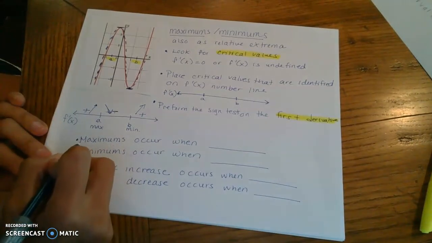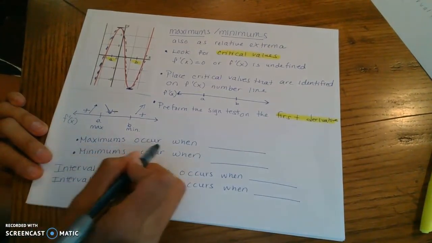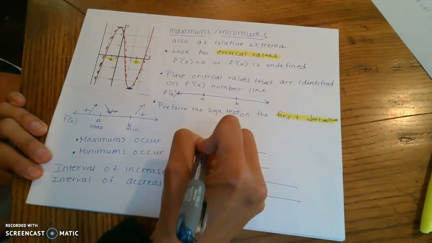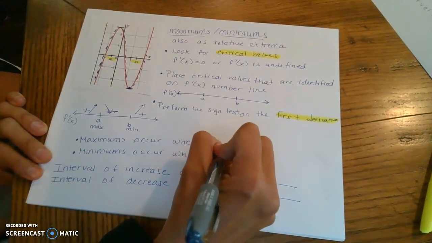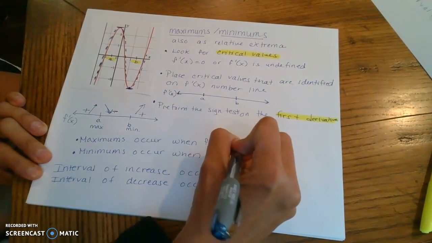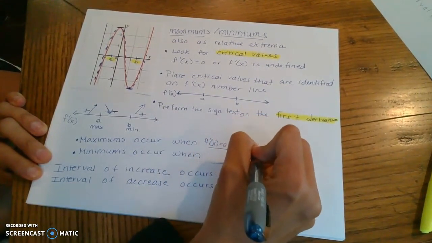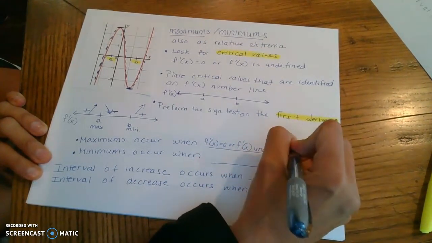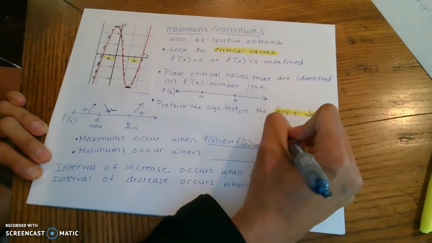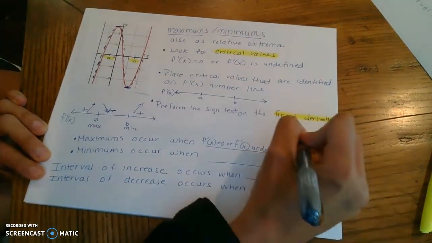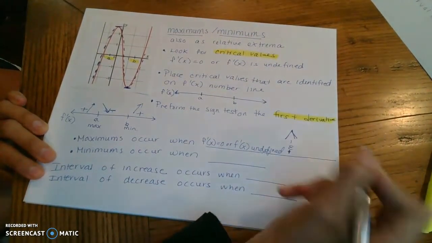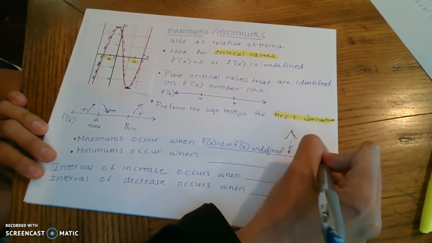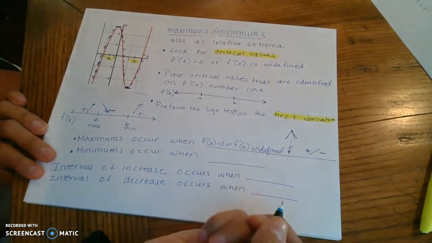So in your notes where it says a maximum occurs when, a maximum occurs when you have your first derivative equal to 0, or first derivative undefined, and I do this means and, okay, and I have a sign change, but not just any sign change, it has to be from plus to then minus, okay, it can't be reverse.